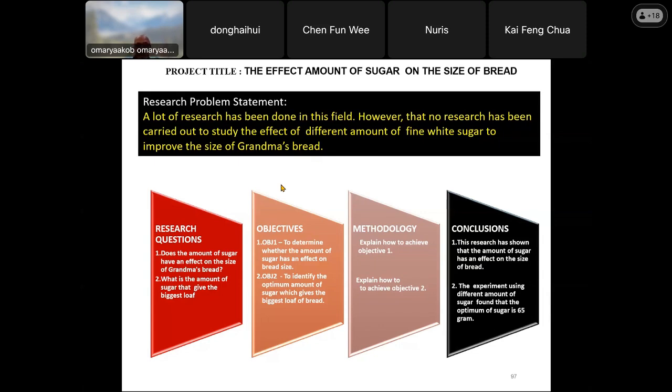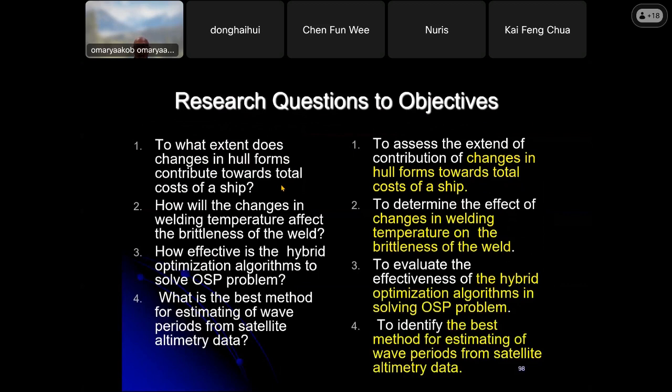Okay. Right. So this is the answer to the question that you can relate directly to this one. In fact, number 3 is a bit different from the original. But you see, number 1, number 2, you see that the keywords change, in half form towards total scholarship is exactly the same.